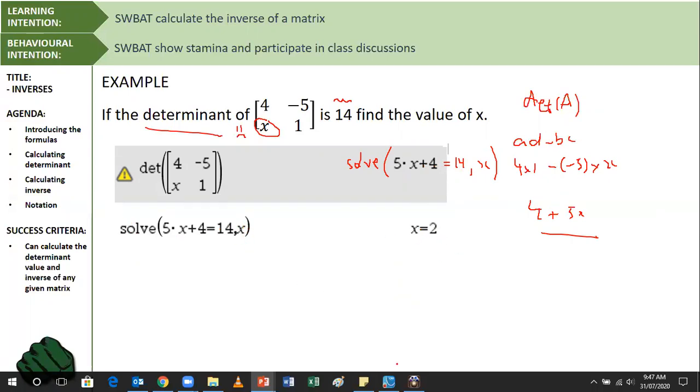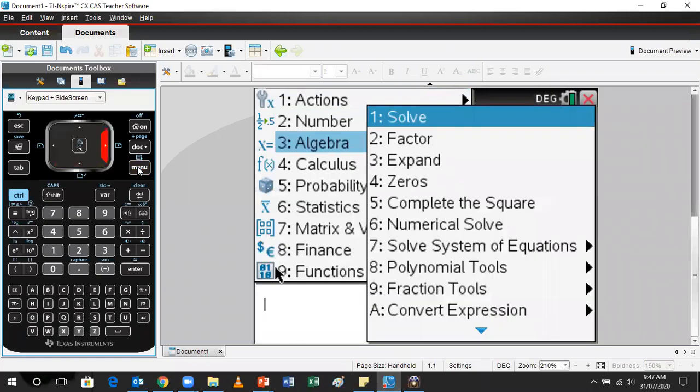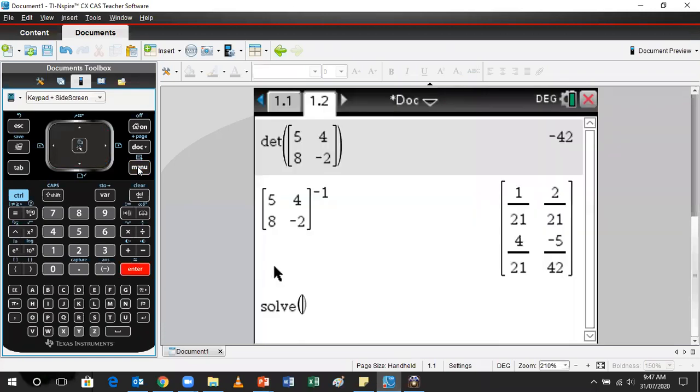Now, if you're confused about that, I'll just show you quickly. You can go menu, algebra, solve, or you can just type it in. So you type solve, bracket, 5 times x plus 4.